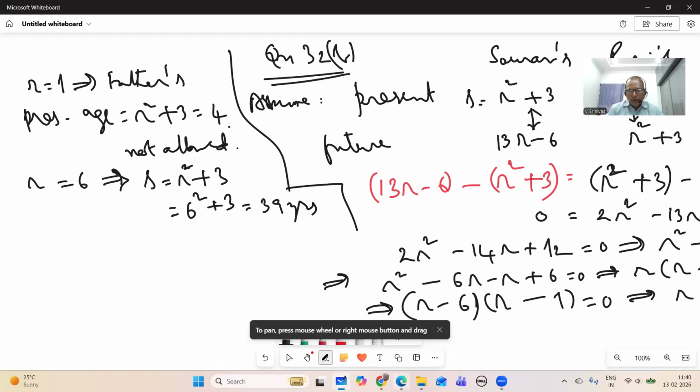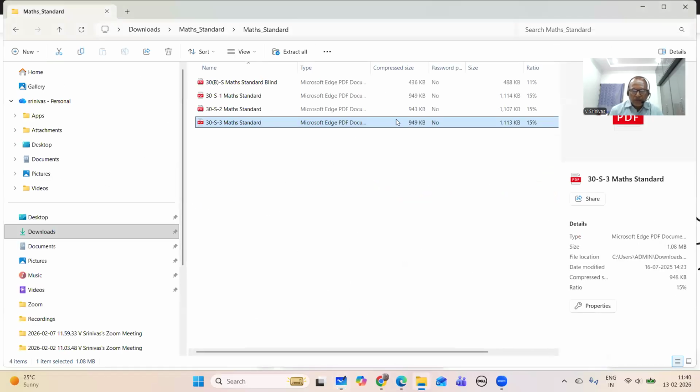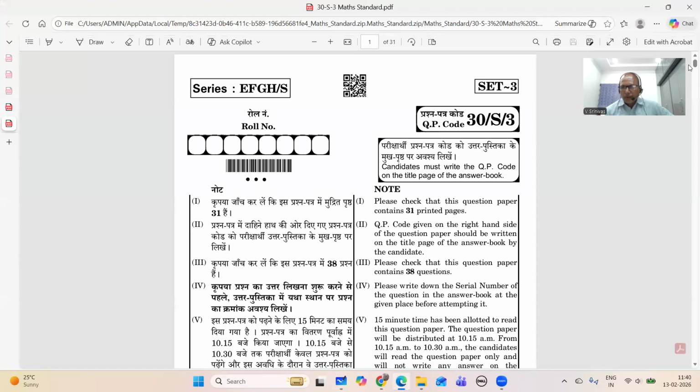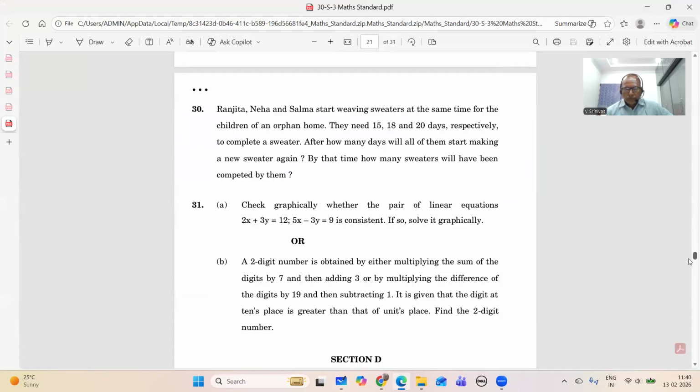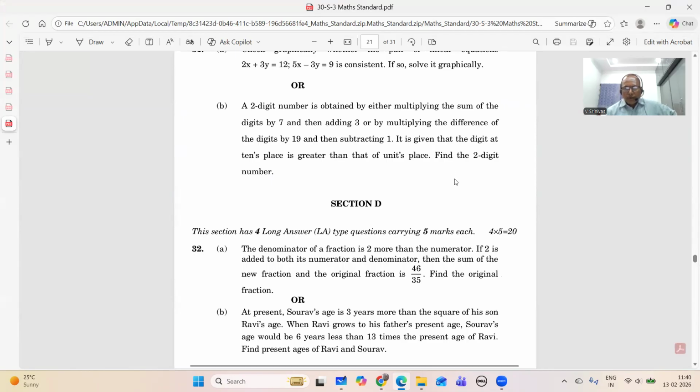So what are we asked? I think we are asked the ages of father as well as son. Find the ages of Ravi and Saurav.